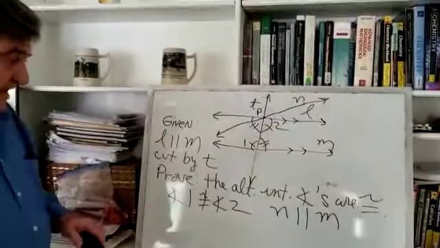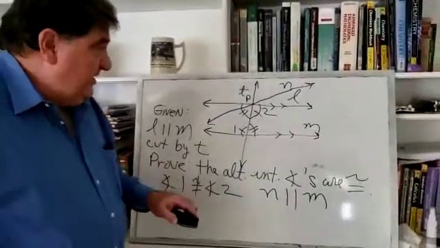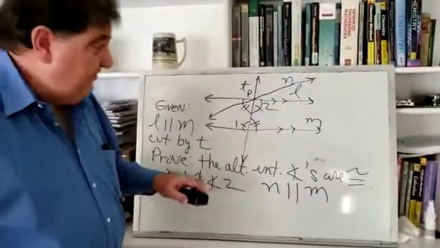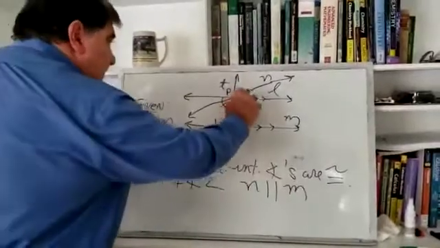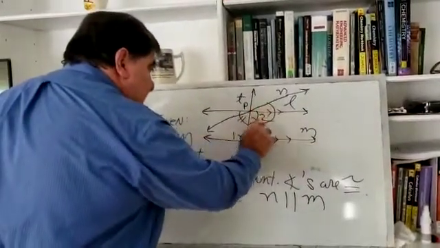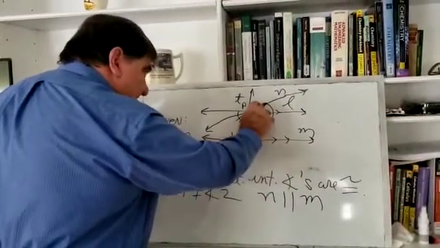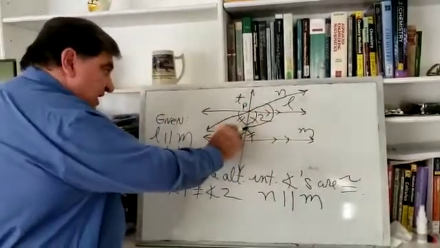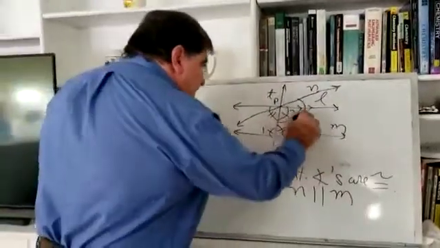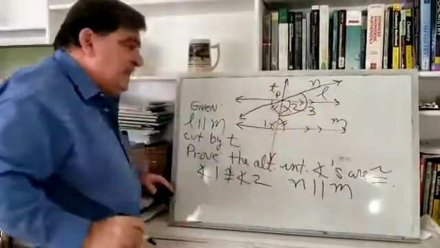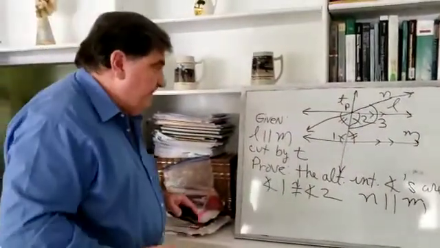Therefore, by the alternate interior angles theorem, the angle formed by N and the transversal, we'll call this angle 3.